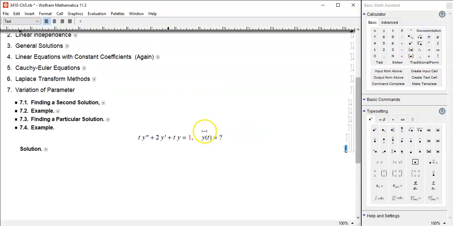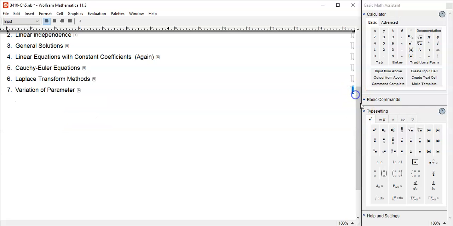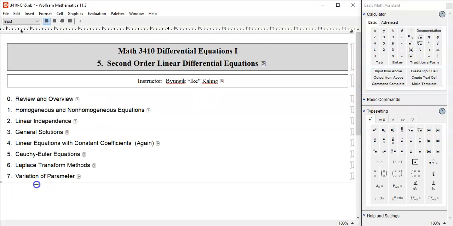We just completed this problem using the variation of parameter. Long process, but I have to say variation of parameter is an important technique. Long, but it's an important technique.